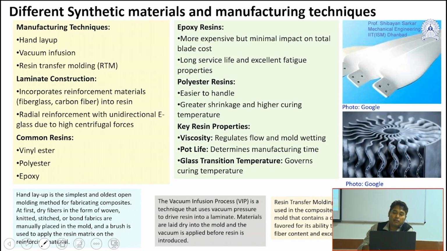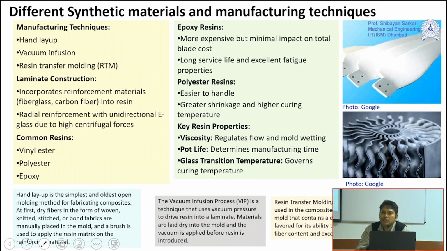There are different manufacturing techniques. One is hand layup, another is vacuum infusion, and resin transfer molding. These are the more popular manufacturing techniques through which this type of synthetic material is generally prepared to make a hydrokinetic turbine blade.